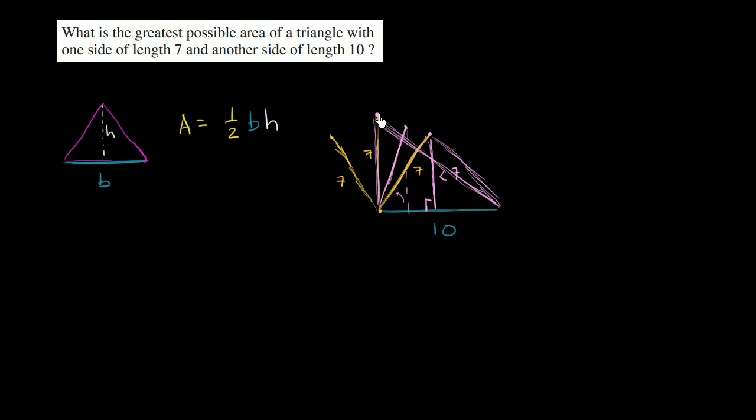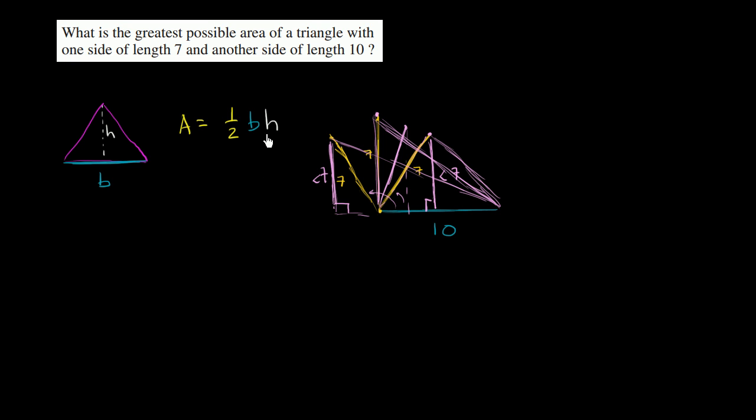And then as we get angles above 90 degrees, as we essentially start having an obtuse angle right over here, so a triangle like this, then our altitude, once again, becomes less than 7. This would be our altitude. It sits outside of this triangle when it opens up, when it's an obtuse triangle right over here. But now our altitude is less than 7 again.